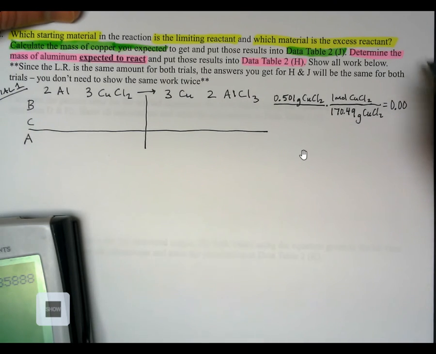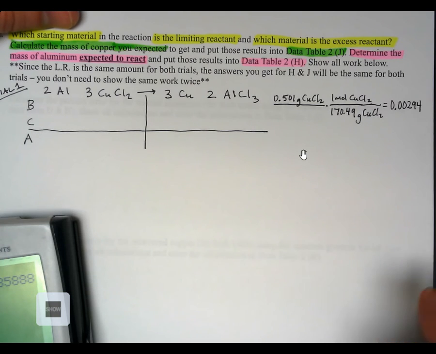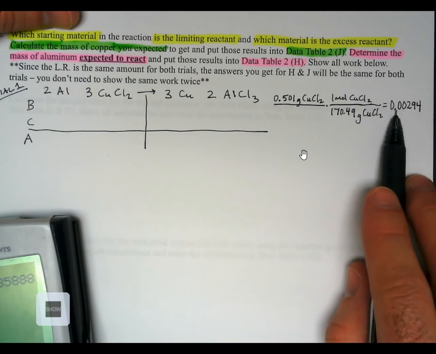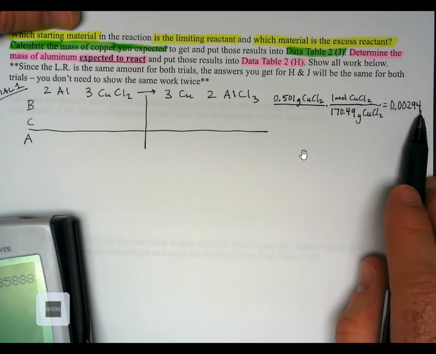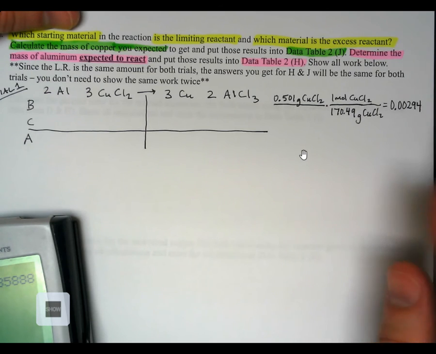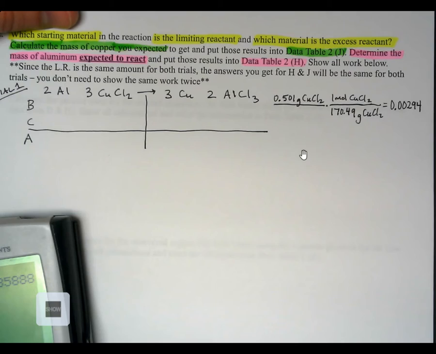Mine turns out to be 2938, so 294. Everybody should be 0.00 and then either in the high twos or low threes. If anybody didn't get that, let me know so I can look at it.